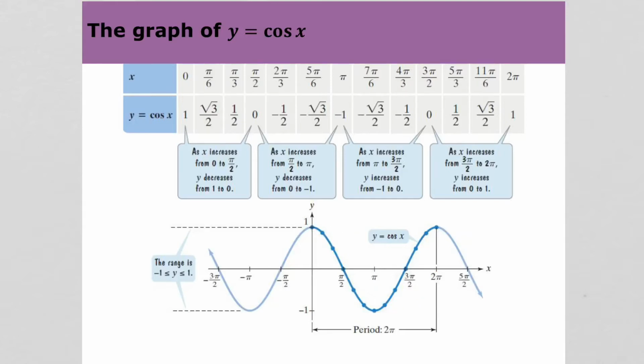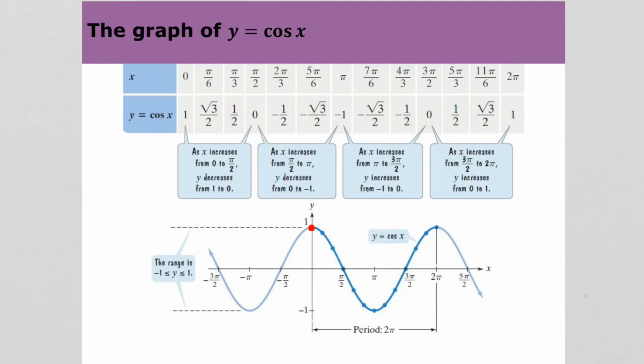So back to the unit circle. If we go around, the cosine is the x value of those points that go along with the angles of the unit circle. So starting with the angle 0, the x value is 1. So that's why we have 0, 1 here.